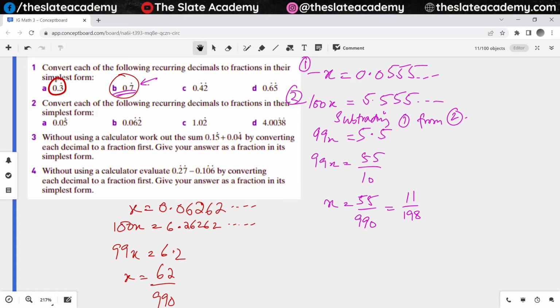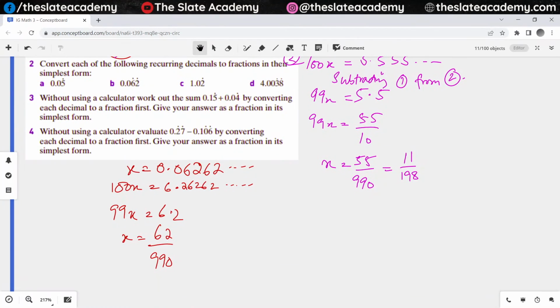Okay, and I can simplify this further. Not 999, madam, 62 by 990 it should be. Miss Anam, if you are doing it the way you are doing, everybody else, this is the solution.